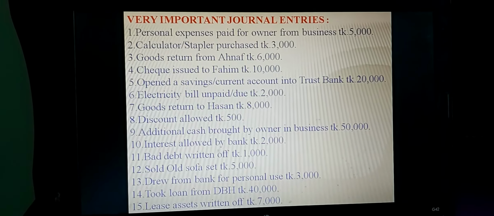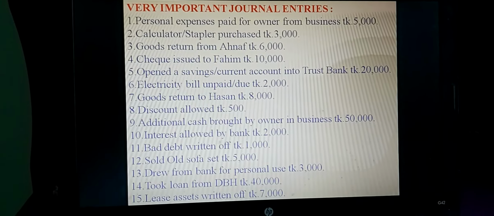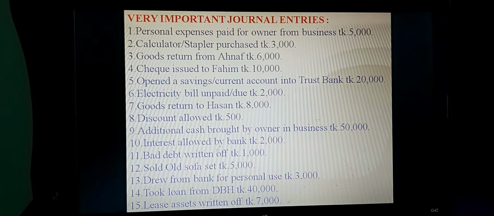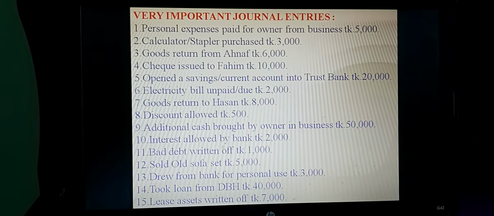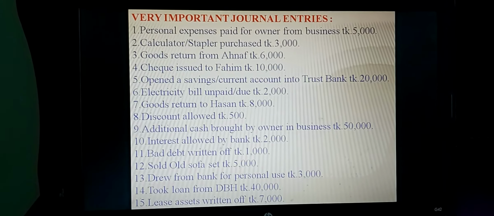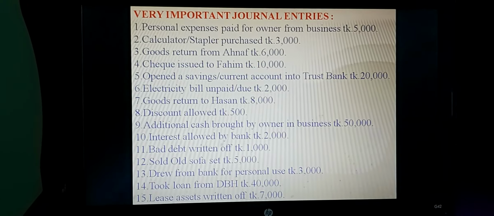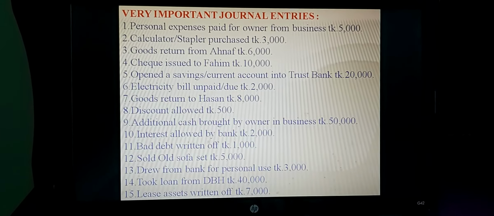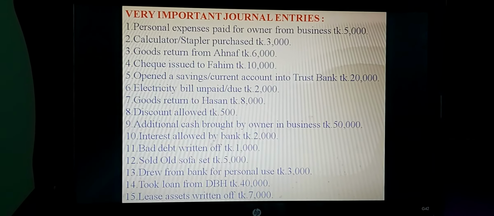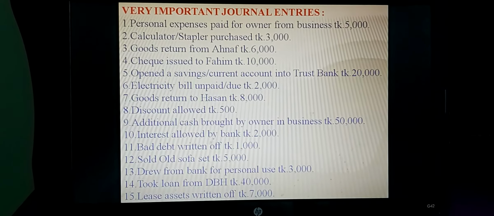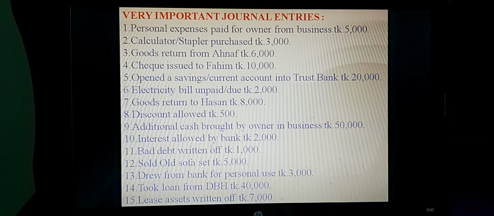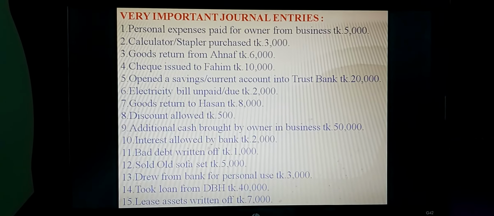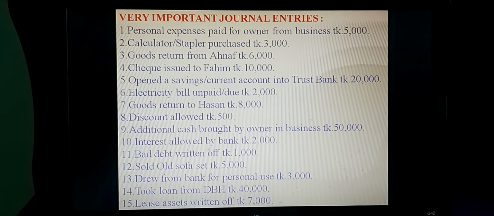In this transaction, you have to write at first drawings account debit, but which account is credit? Due from bank, so cash is not written at this moment. You have to write drawings account debit, bank account credit for taka 3,000. Again, short explanation to be given to record due from bank for personal use.